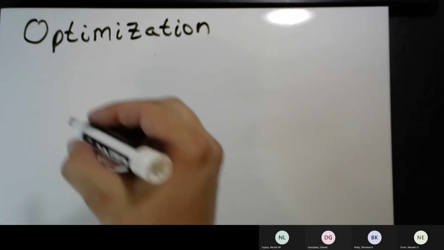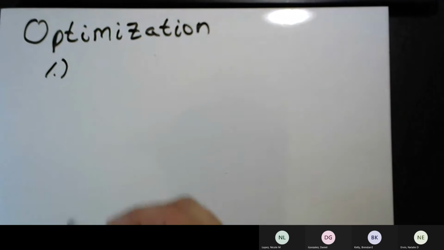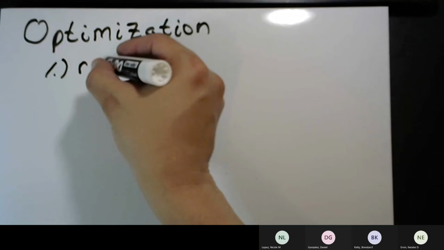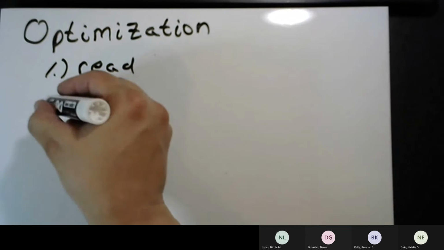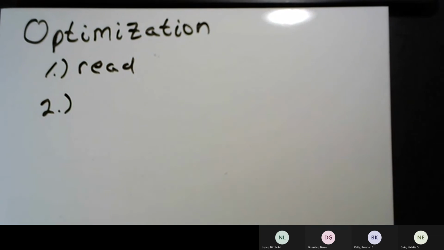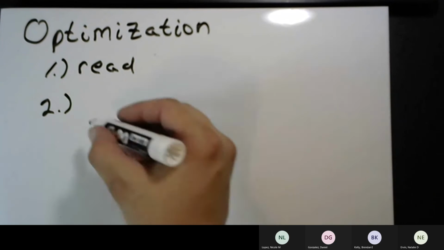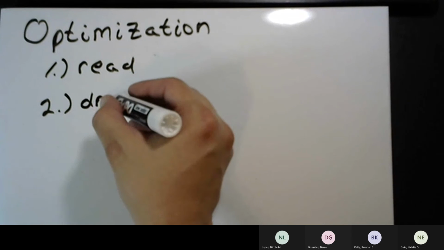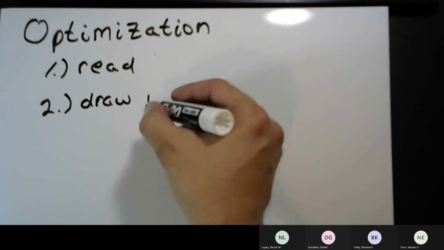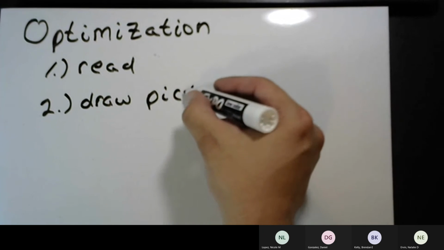So optimization. There's going to be 5 steps they recommend with these. I'm going to go through 3 problems, and you'll see me go through the same thing. But first off, we're going to read the problem. You want to read it, understand what's going on. Second, we're going to draw a picture.